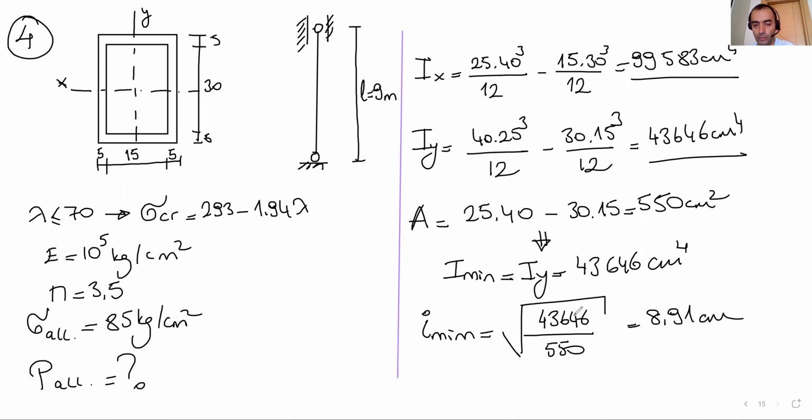Okay. Now we have the minimum I. So we need to calculate the lambda, LK over i.